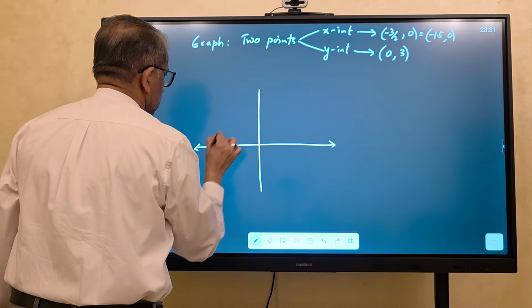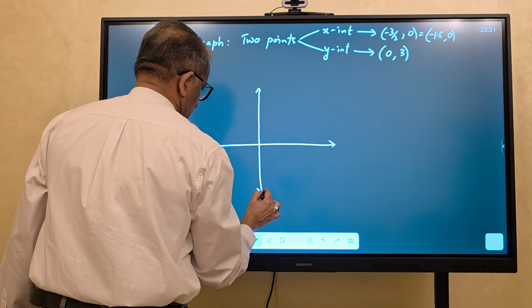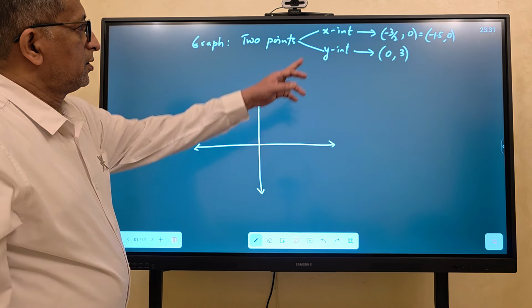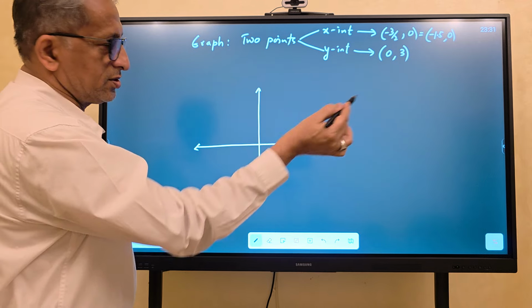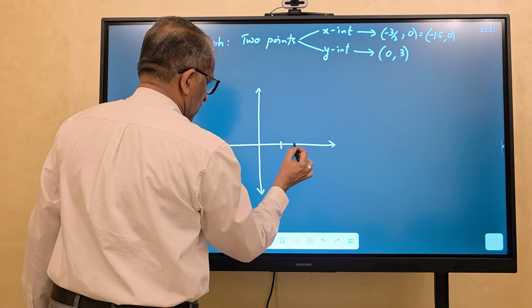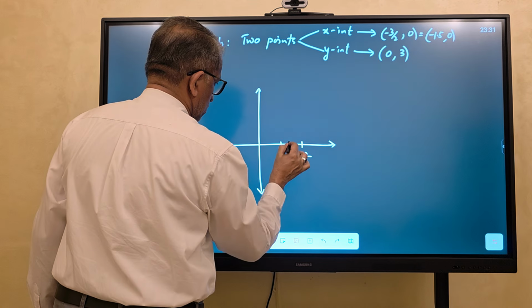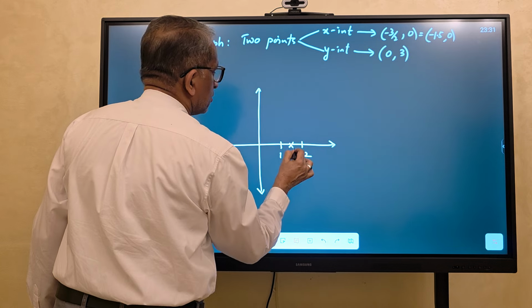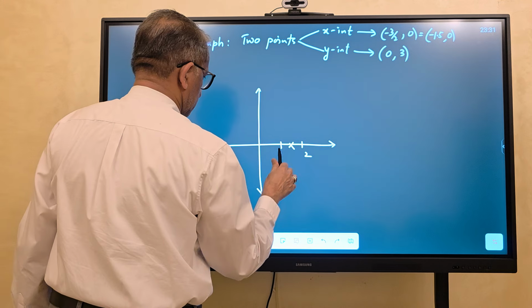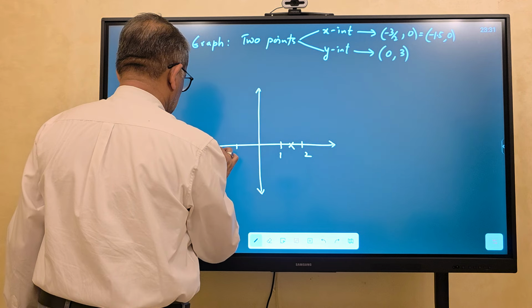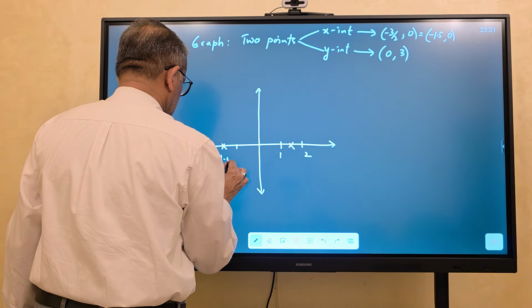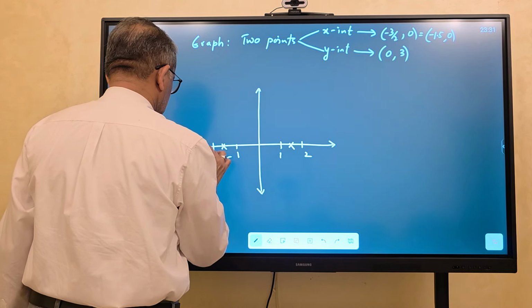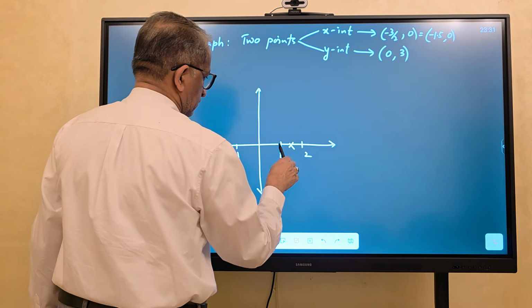This is the x-axis, right? This is the y-axis. Show the x-intercept minus 1.50. This is 1, this is 2, right? It is here. Minus 1.5 because this is 1 and this is 2.